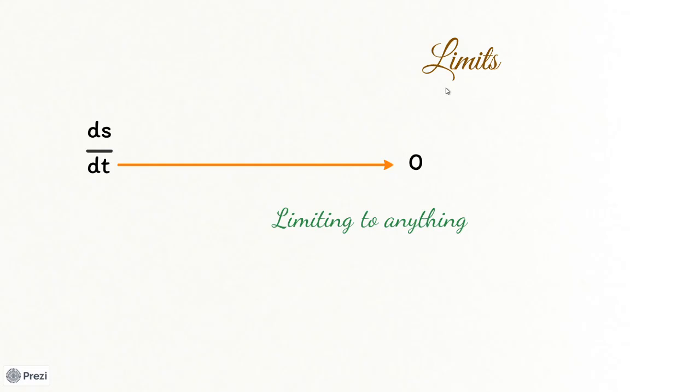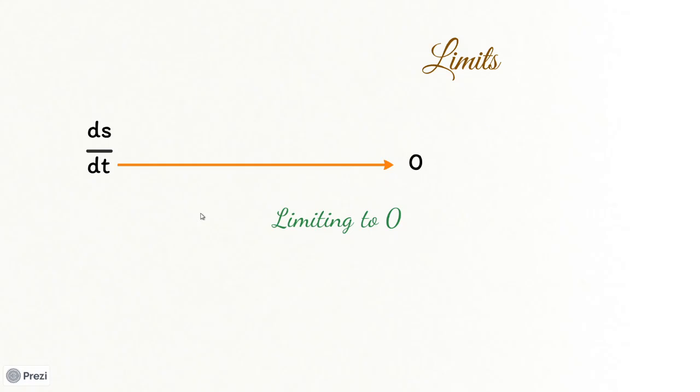Then when we limit that small denominator to 0, from that topic we get the topic differentiation. But now we'll be focusing on limits in the beginning, then we'll go to differentiation.